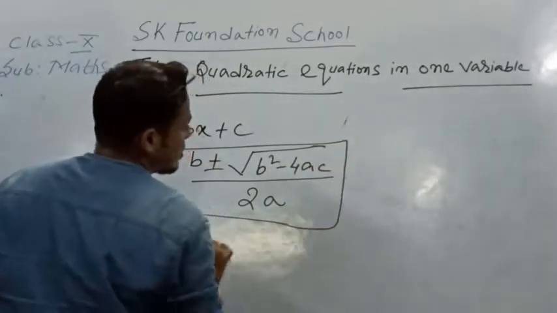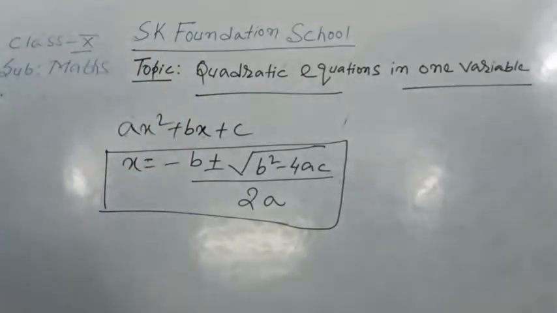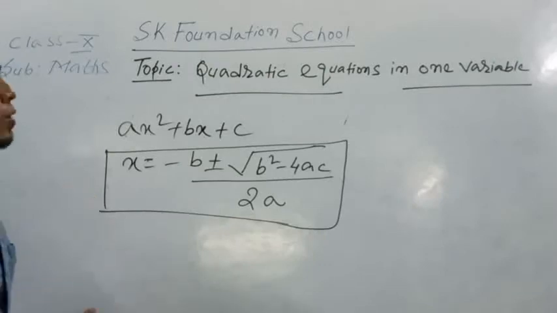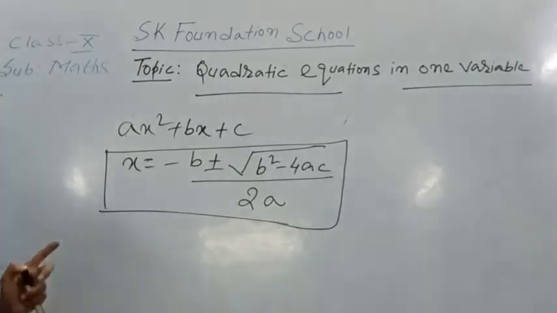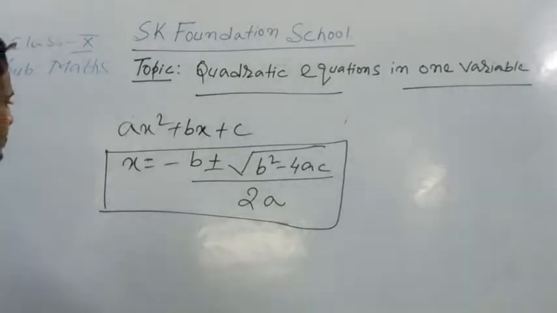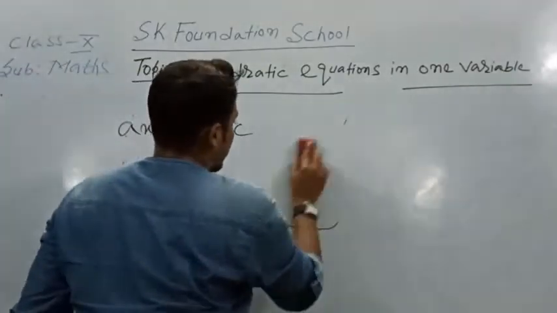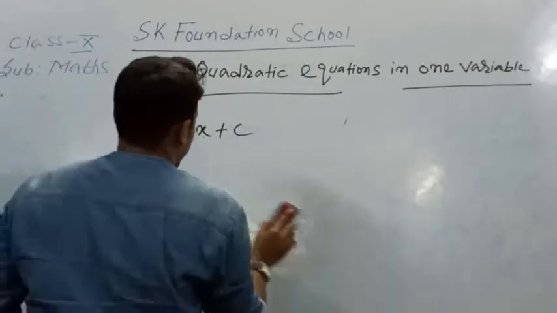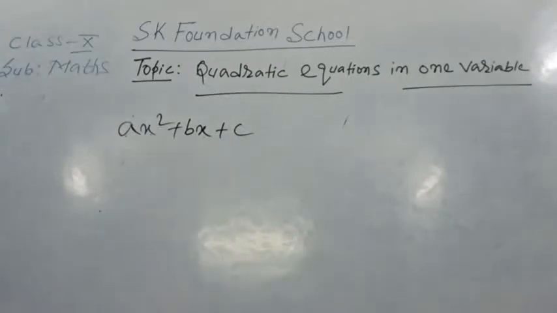So today we are going to discuss only one part. This is the nature of roots. A quadratic equation contains two roots. So today we are going to discuss only the nature of roots.